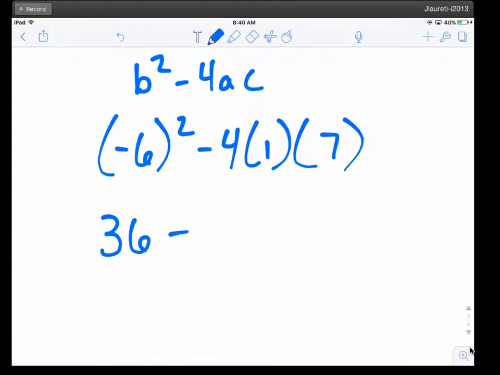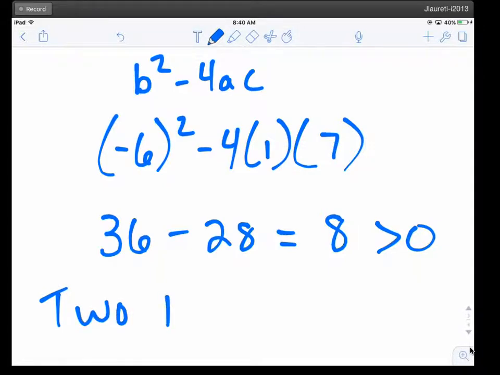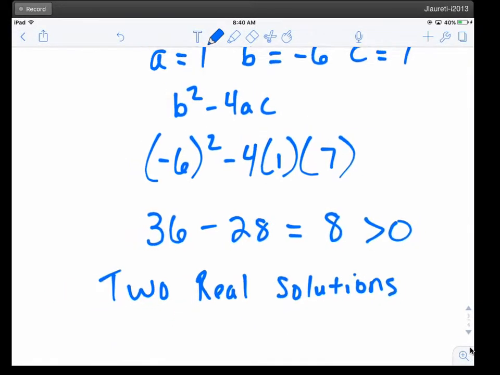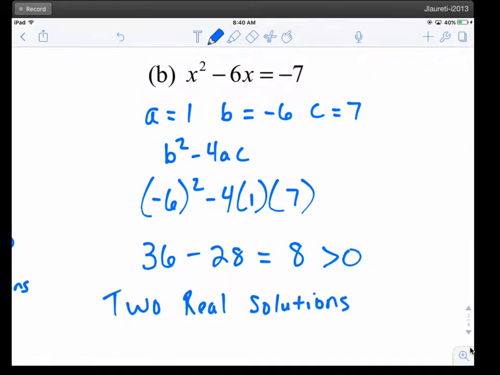So I have 36 minus 28, which is 8. So that means what? Two real solutions, right? That quadratic is going to hit the x-axis twice.